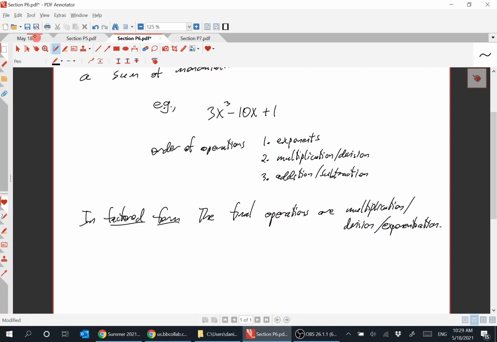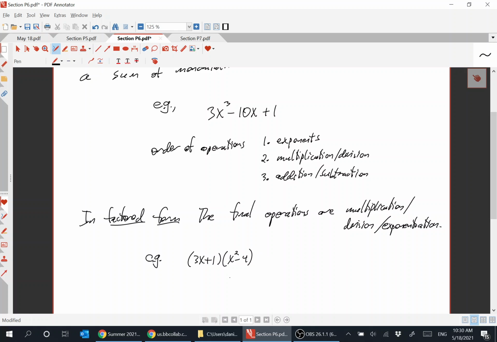Exponentiation is essentially multiplication anyway, but right. So addition is not the last operation. That's the point. So for example, 3x plus 1, x squared minus 4, something like that.